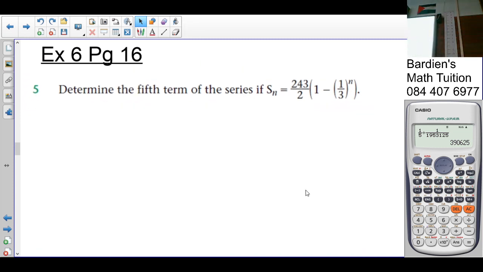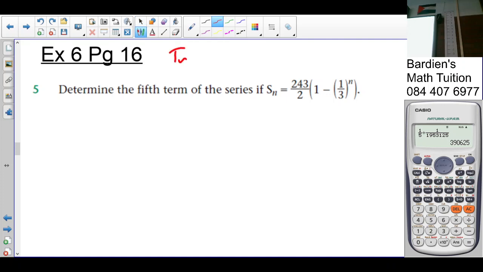Okay, the last question, question 5. Determine the 5th term of the series if you are given the Sn formula. So remember, if you are given Sn, what do we know? How do you work out Tn? We spoke about this already.